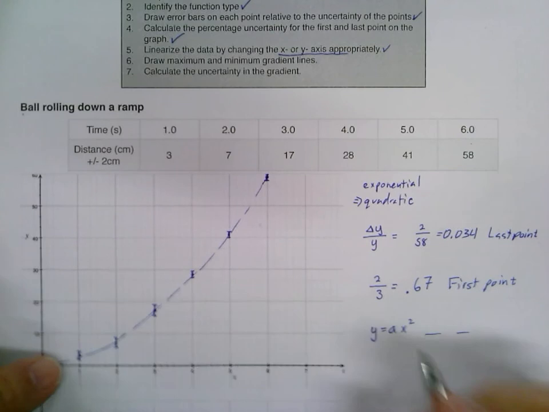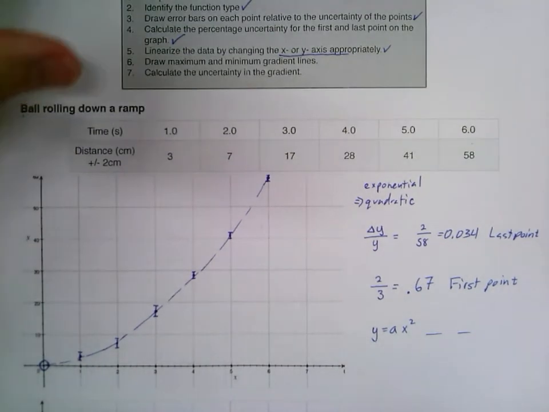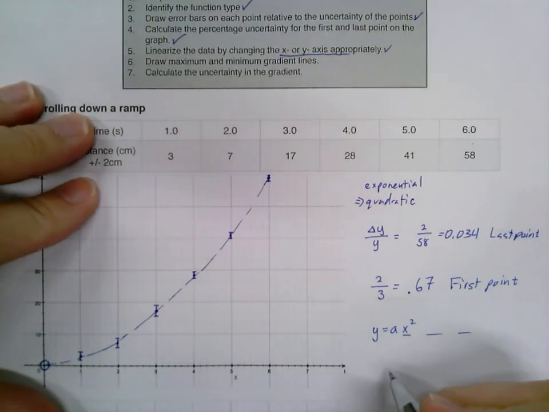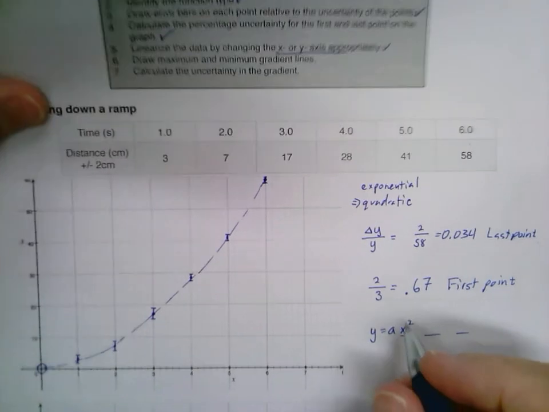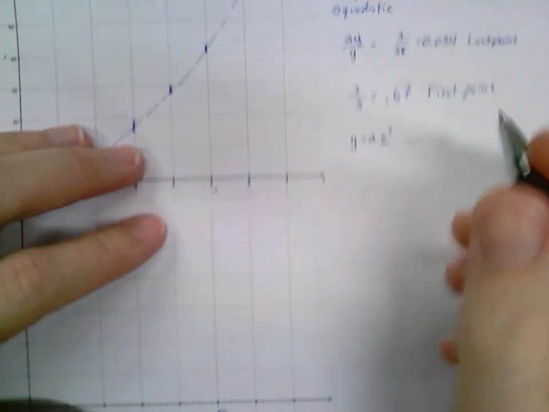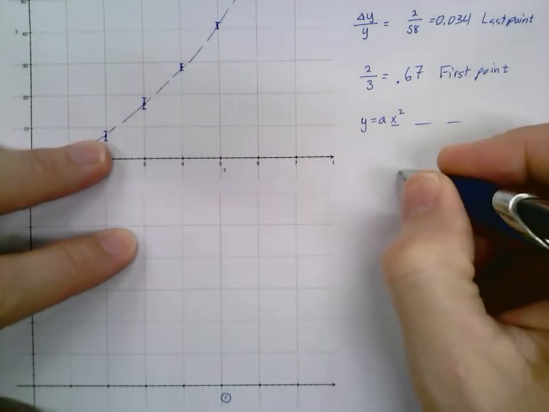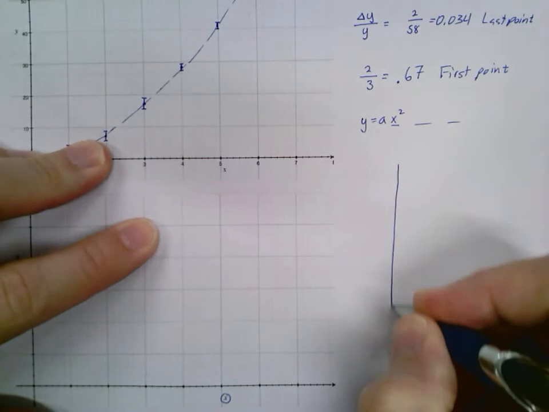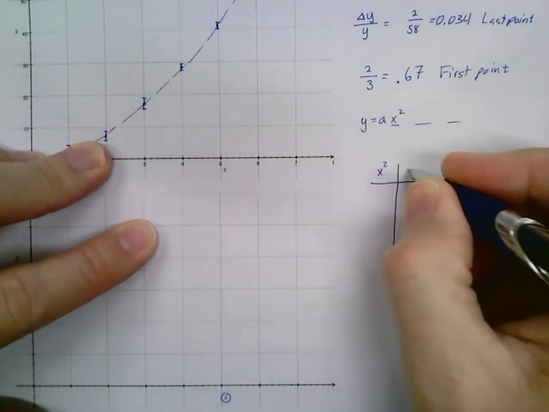What if on the x-axis, instead of graphing x, I graph x squared? So I put the values of x squared there. Let me show you what I mean. So we're going to move this up. We're going to create a new graph down here. I'm going to create a new table for x squared versus y.